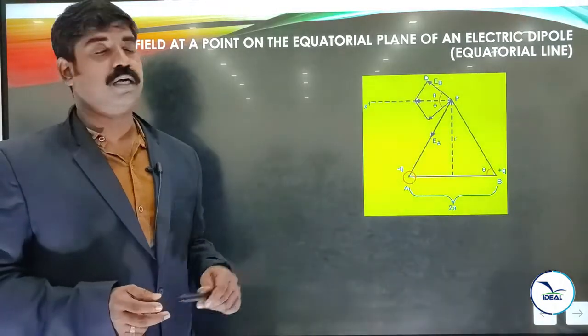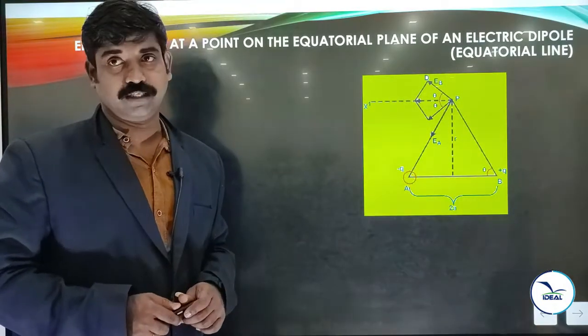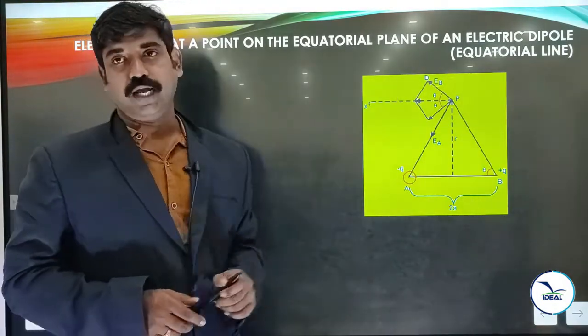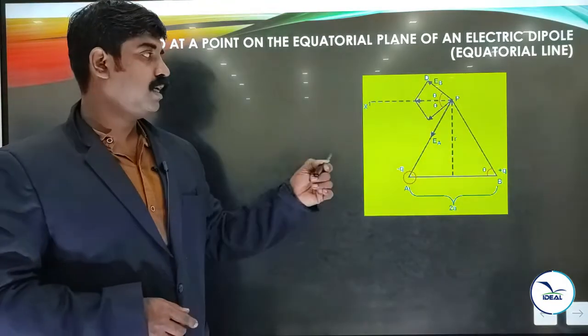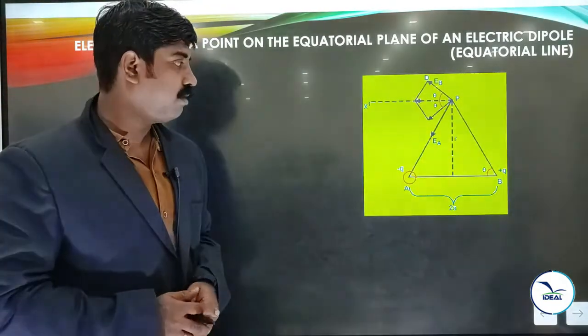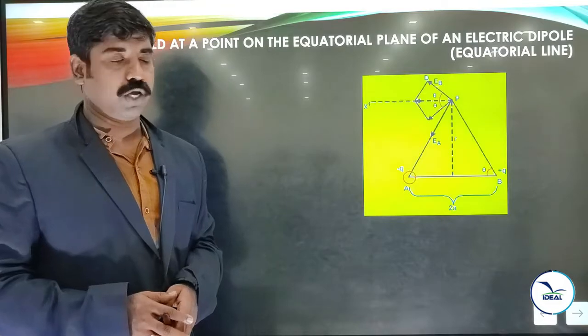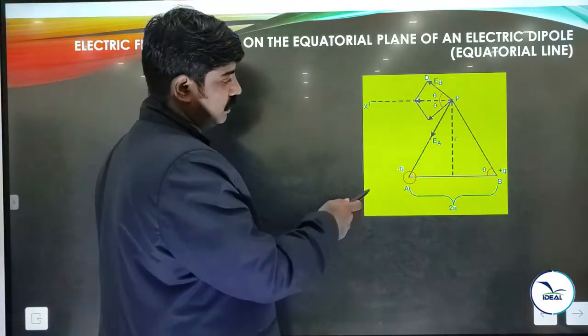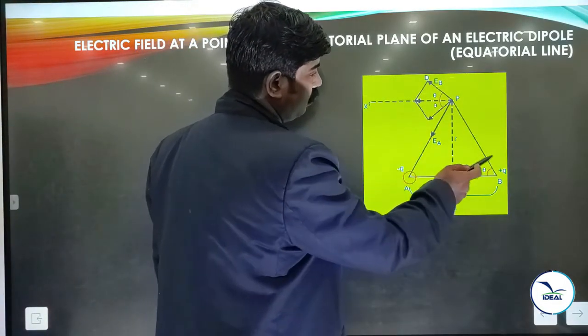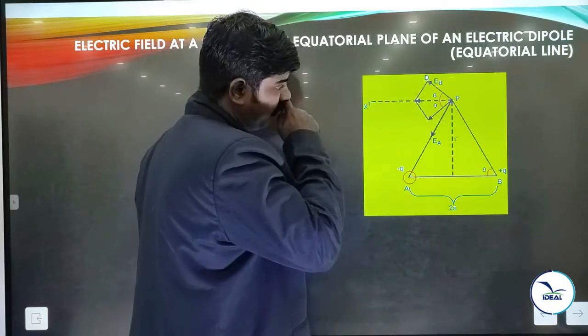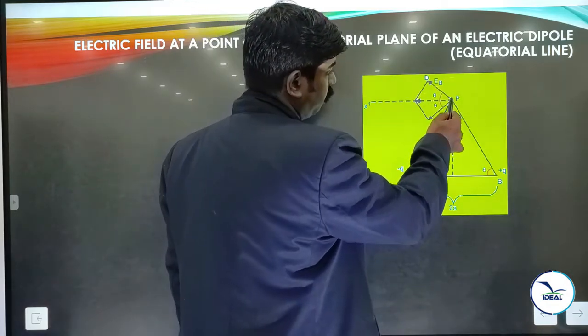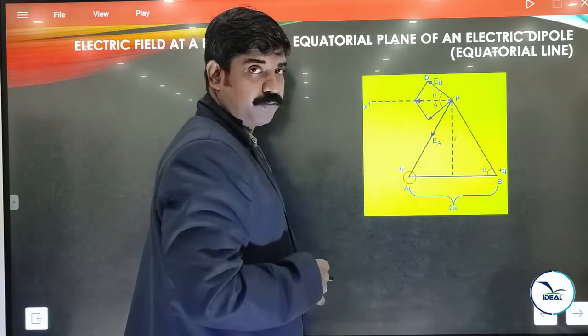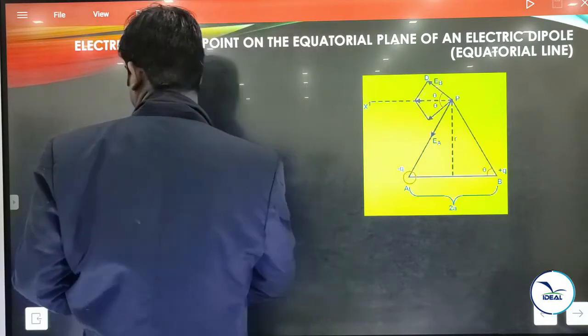That is the dipole's perpendicular bisector, the equatorial line. What is the electric field? That we can find out. Okay. We can consider two charges minus q, plus q, and we can consider a point on the perpendicular bisector, that is P. Okay, I will draw this.